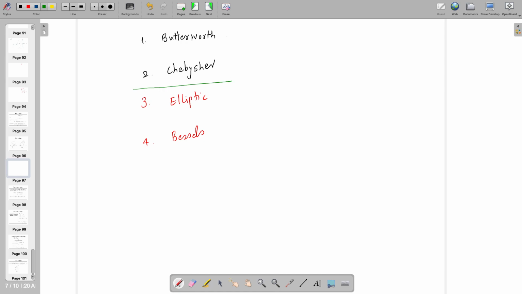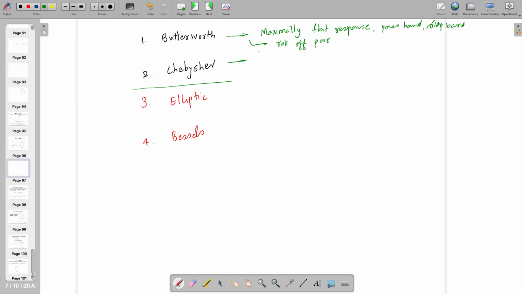In these two, Butterworth has a maximally flat response in the passband as well as the stopband. I believe you don't have doubt in what is passband, stopband, and roll off. Yes or no? So here roll off might be poor.